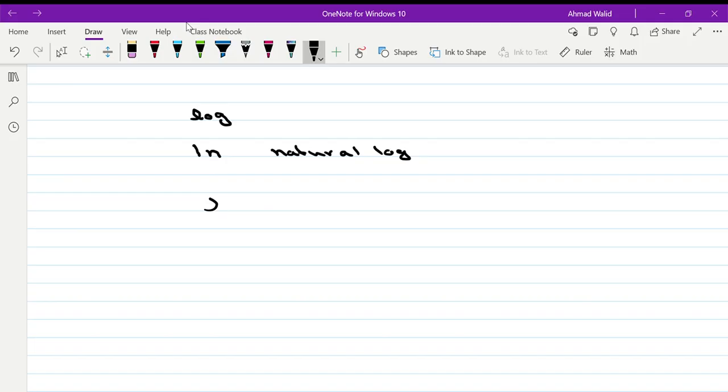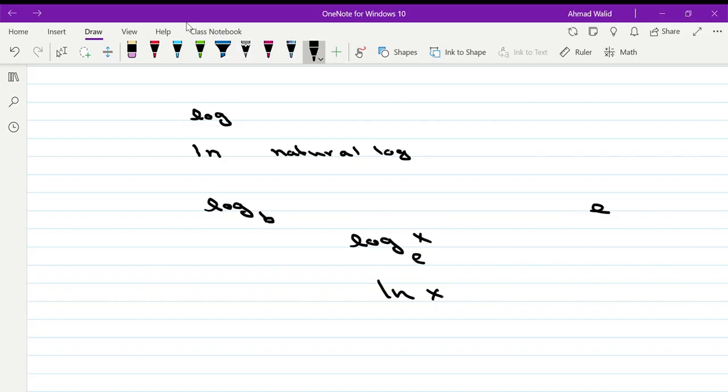The base, when you write log, the base, this number b. For the common logarithm, the base is always 10. For the natural logarithm, your base is always number e. It means when you have log of a number, any number, for example, x base e, instead of writing log x base e, you can write ln of x.